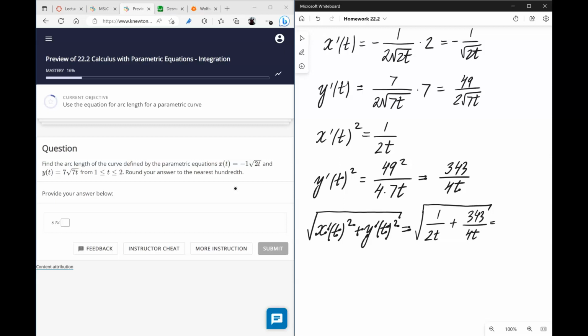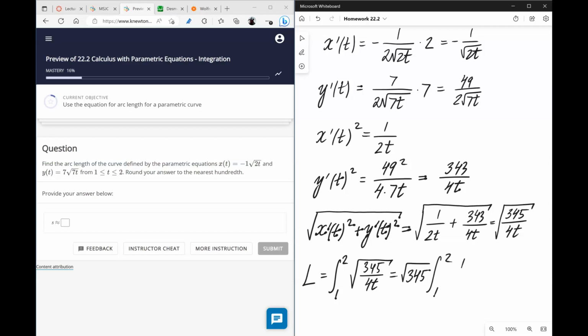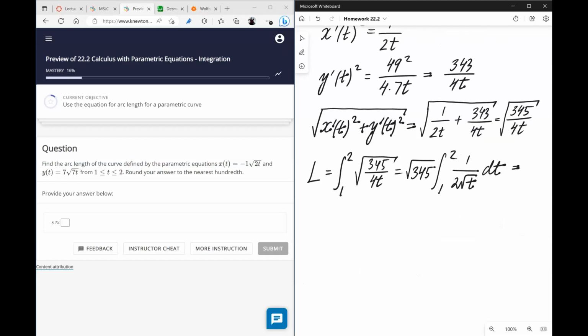So it's going to be 345 over 4t. And the arc length will be the integral from 1 to 2 of square root of 345 over 4t. It may look scary, but it's not. All you have to do is just take out square root of 345, and this is all you have left.